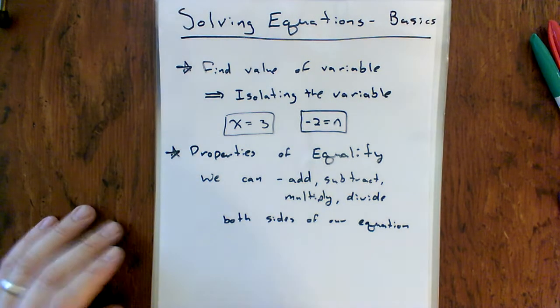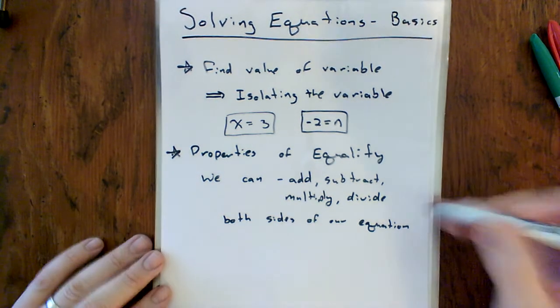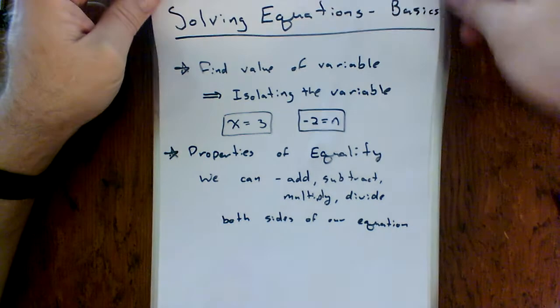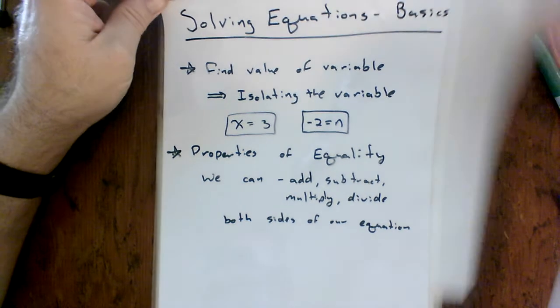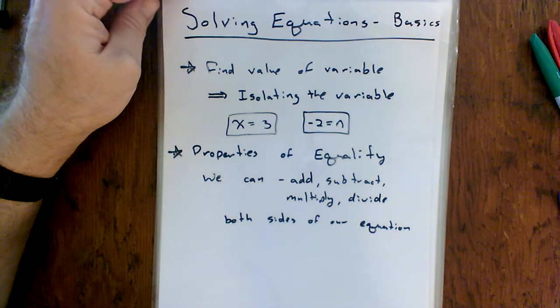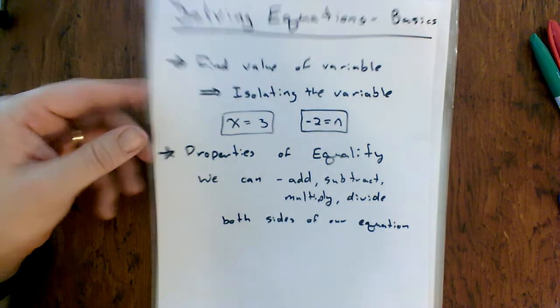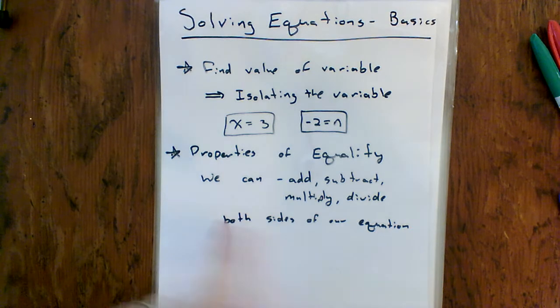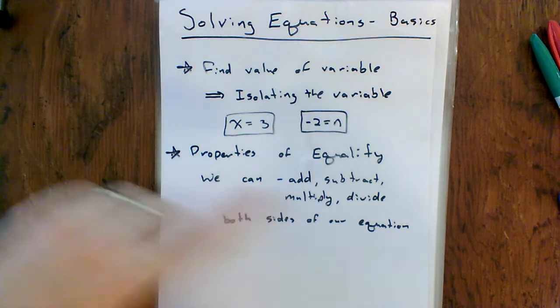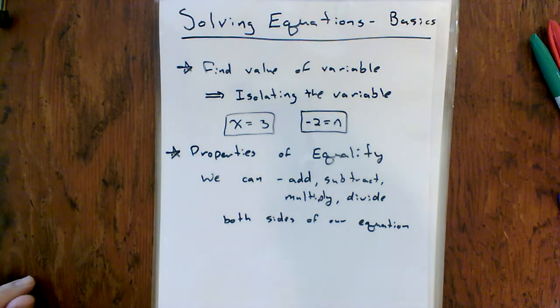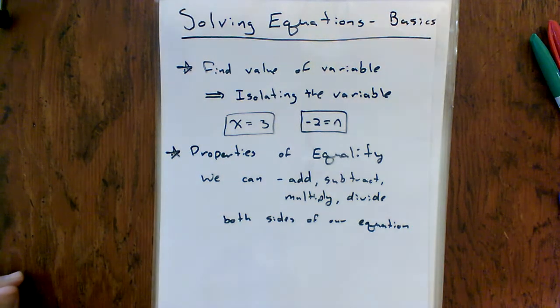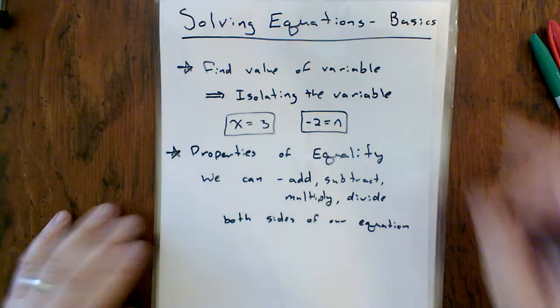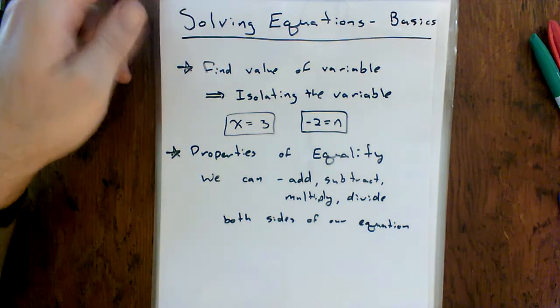Now, let's explore some of these basic properties here first before we move into anything a little bit more exotic. So we're going to first talk about how each of these things can be done, and then we're going to put those together, and we'll start to talk about some larger strategies.